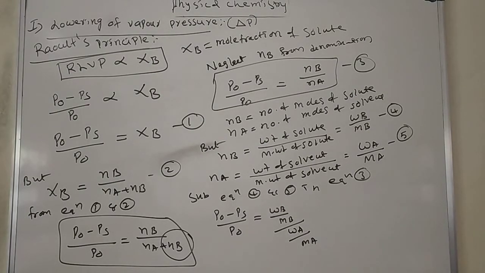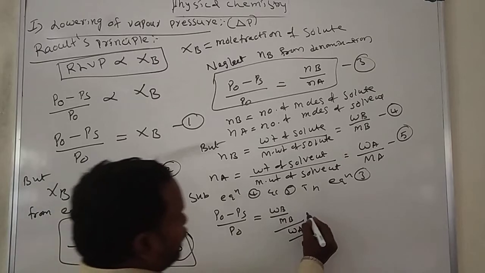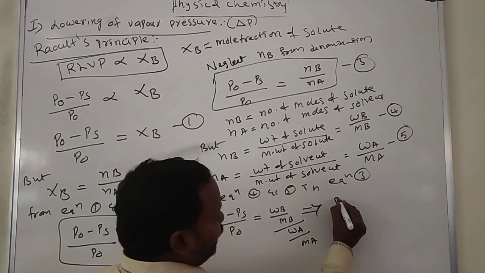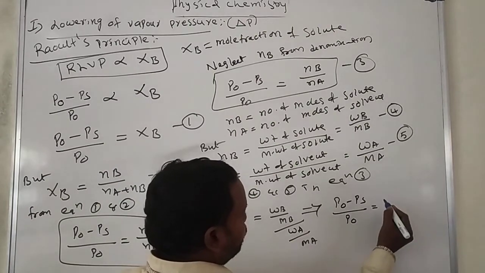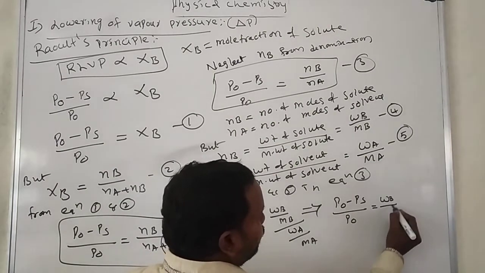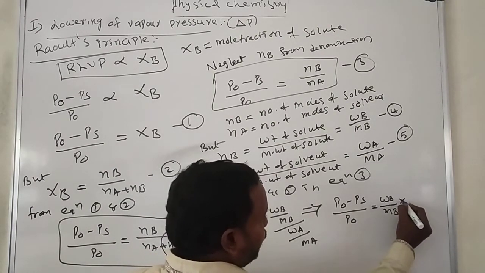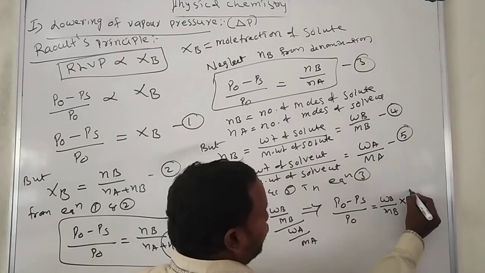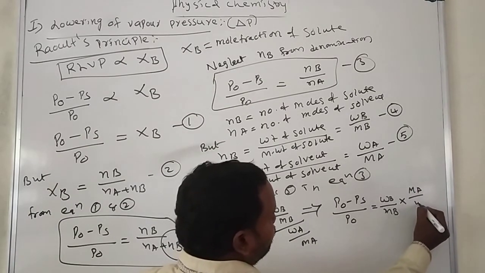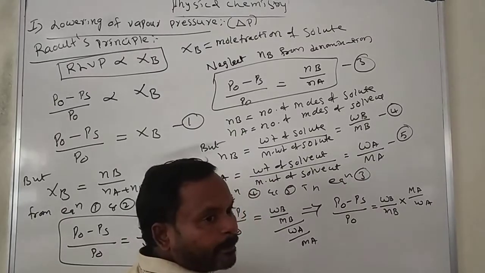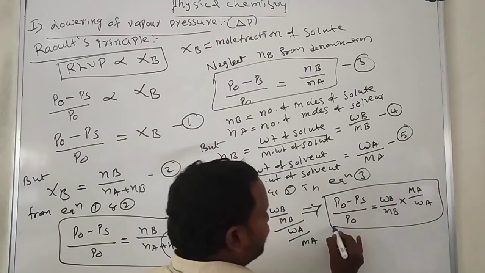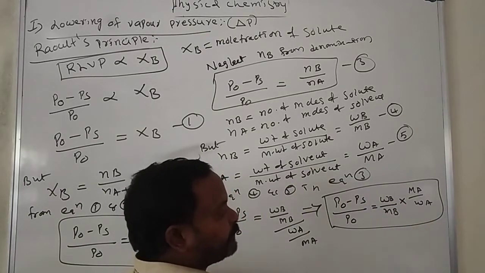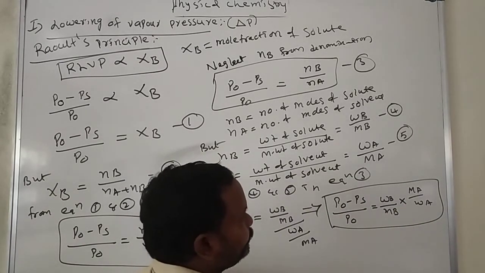That also may be written like this. Here I am writing P naught minus Ps by P naught is equal to Wb by Mb into Ma by Wa. By using this principle, we will calculate any. This is also one more mathematical expression.